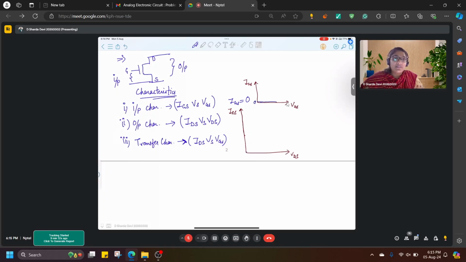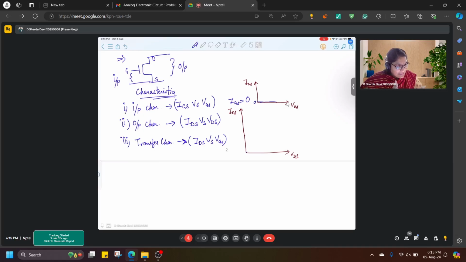This is after threshold voltage, right? So we have applied VGS greater than VTH, so your MOSFET is on. Because to turn on your MOSFET, you will need a minimum gate voltage, or VGS, of threshold voltage. So after applying the threshold voltage, you will see the current flowing, right?